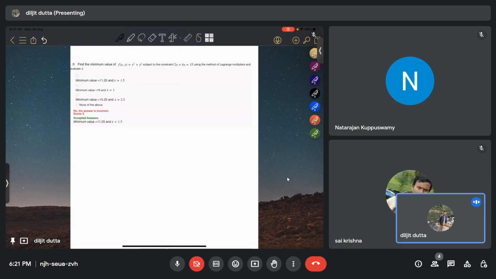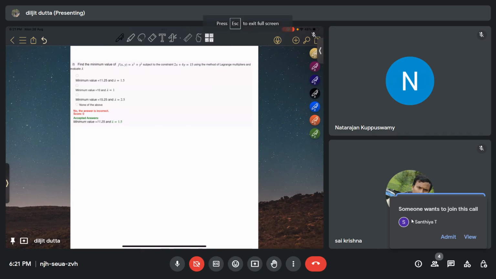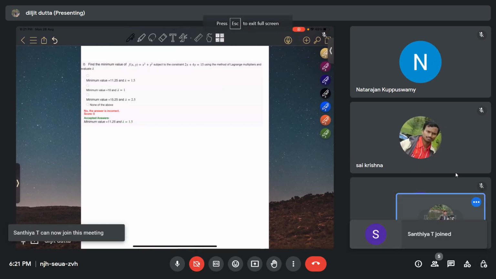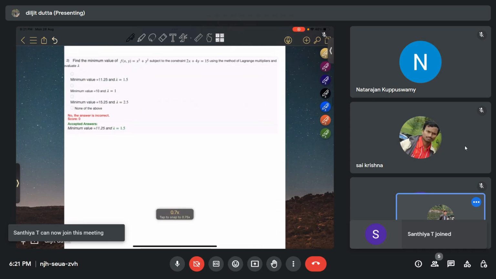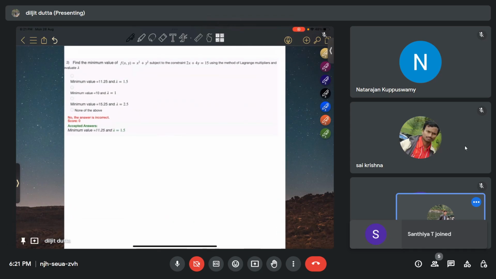Okay, let's proceed to the next question. Find the minimum value of f of x y equal to x square plus y square subject to the constraint 2x plus 4y equal to 15 using the method of Lagrange multipliers and evaluate lambda.